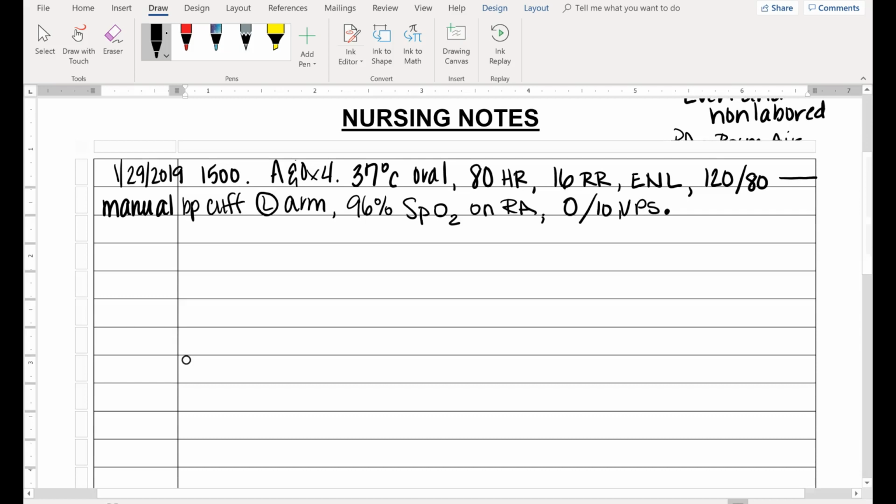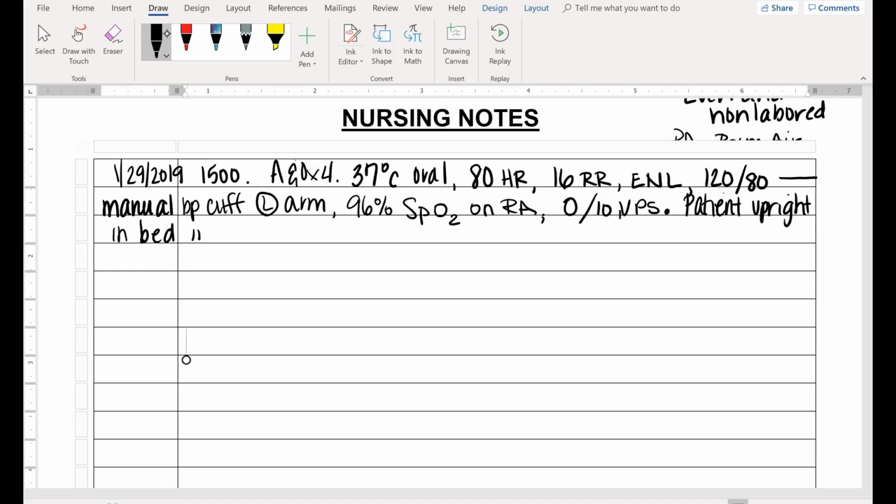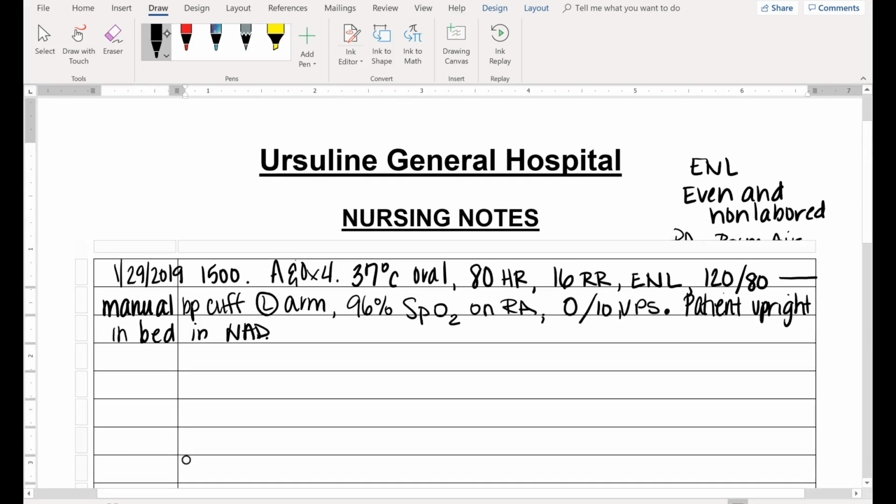Okay, we're going to pretend now that we're writing a little narrative note on our patient's respiratory status. Okay, so I'm just going to write patient upright in bed and NAD. Okay.